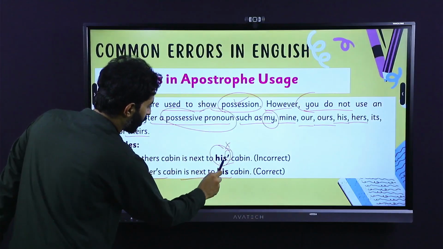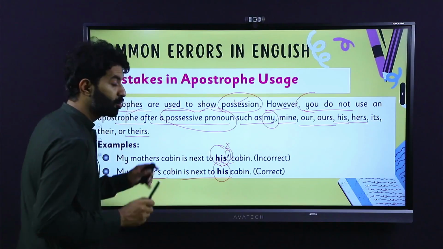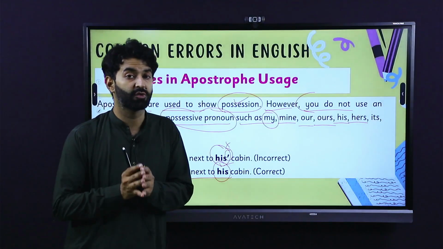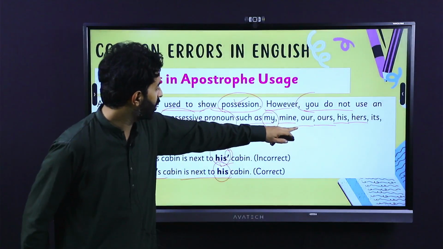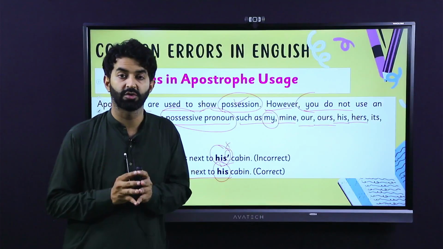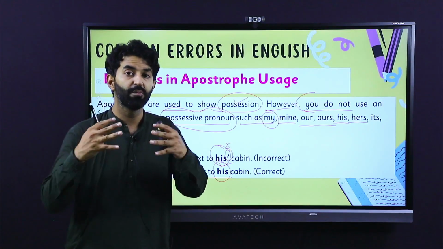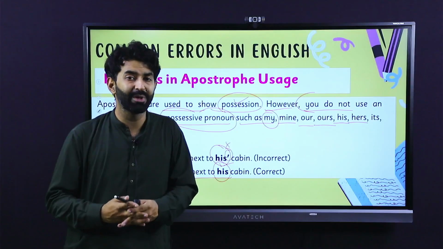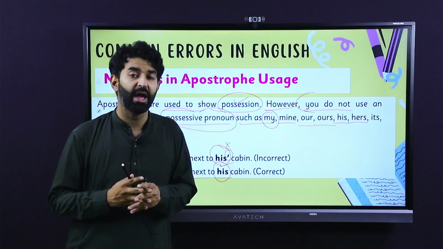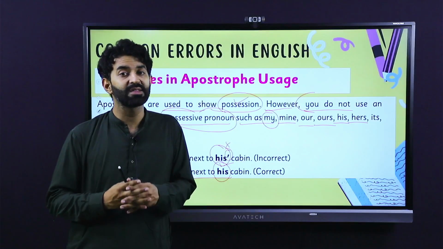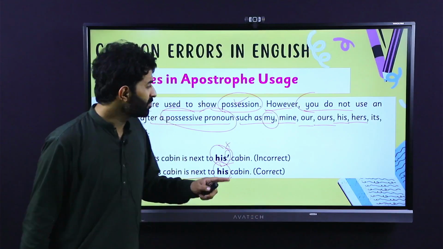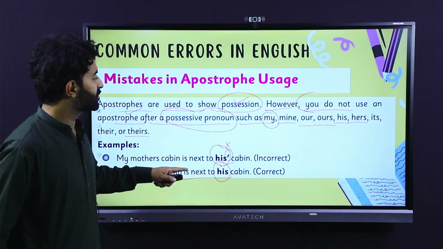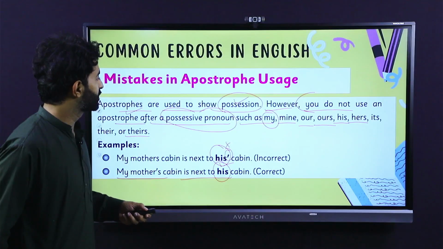These are your possessive pronouns, so you do not add any apostrophe with them. All these pronouns do not require any kind of apostrophe usage. If you make this kind of mistake, that would be considered very common and unnecessary because it can easily be eradicated. So do not add any apostrophe with the possessive pronouns.